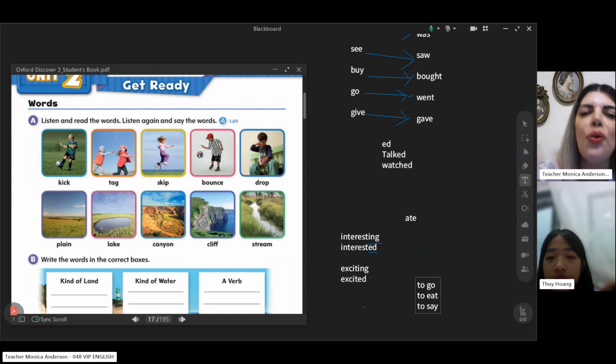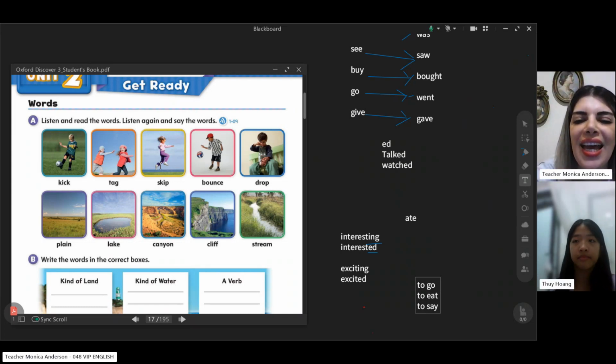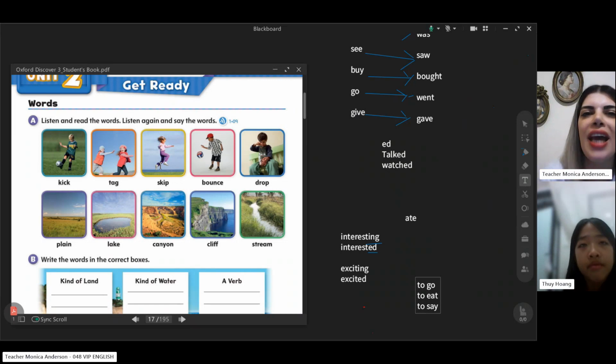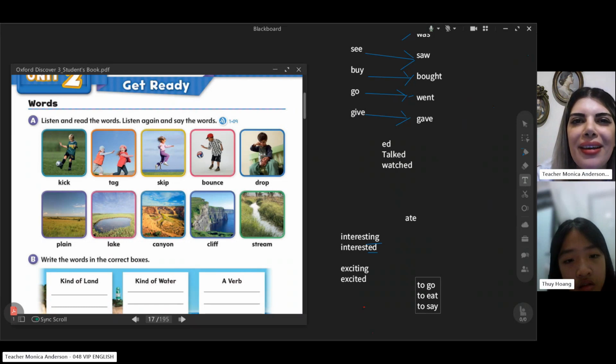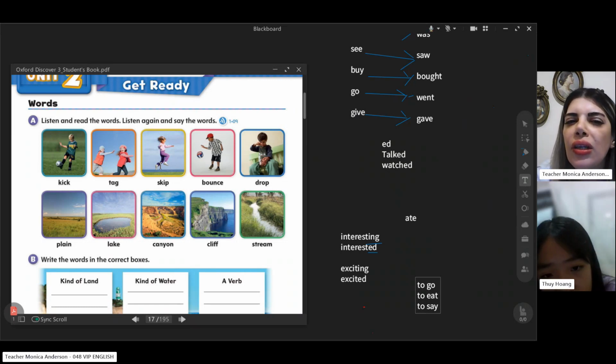Sometimes we run and we jump from something, okay? We actually jump up and down. So that is skip. Get it? Yes. Okay. Bounce. Would you say the meaning of this word?